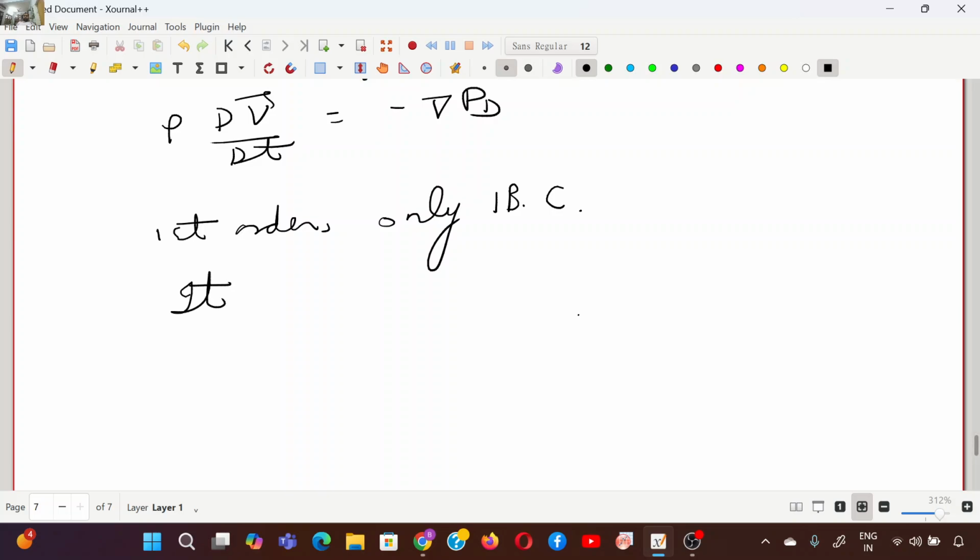It cannot satisfy both the no slip boundary condition and the specified velocity far away boundary condition.